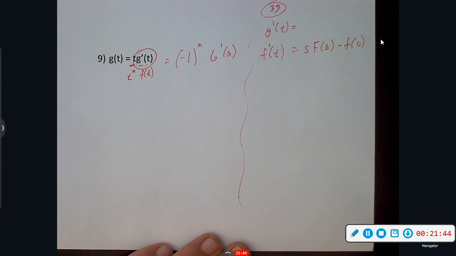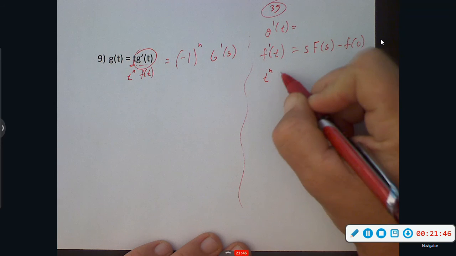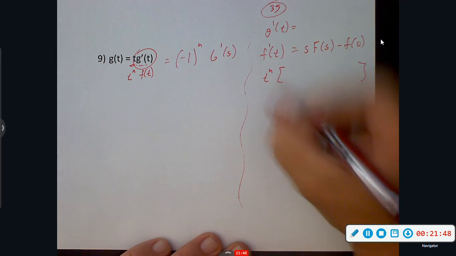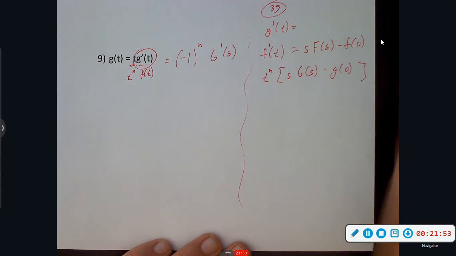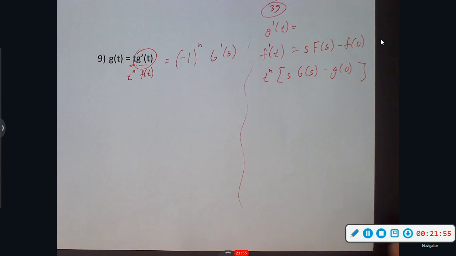So in our case, we have t to the n to some power times s G of s minus little g of 0. That's just a value there, right? So this is what we have so far.